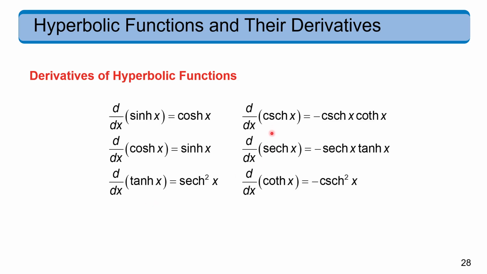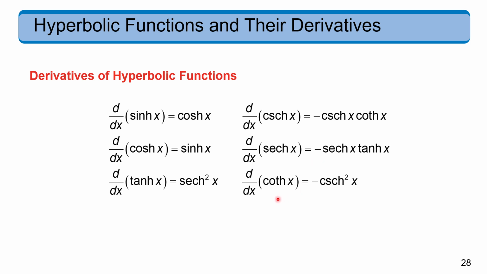The derivative of hyperbolic cosecant is negative hyperbolic cosecant times hyperbolic cotangent. The derivative of hyperbolic secant is negative hyperbolic secant times hyperbolic tangent. Notice the negative sign here, that's not in the regular trig version.